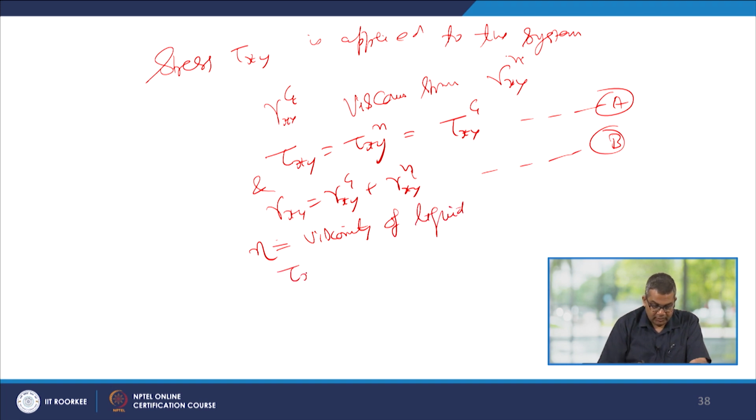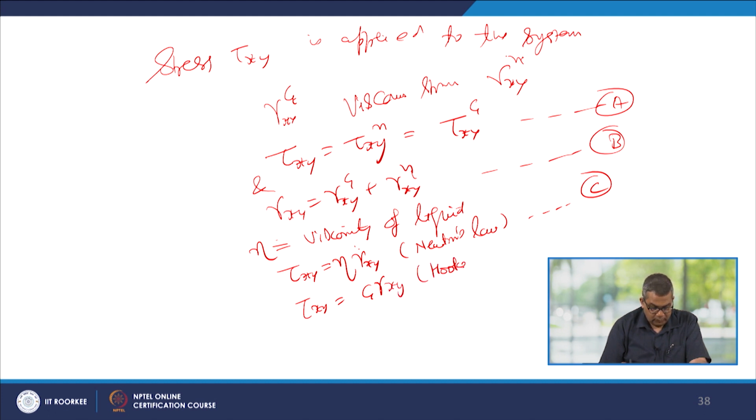So tau xy equals viscosity times gamma xy dot, that is Newton's law, and tau xy is equal to g gamma xy, that is Hooke's law, and g is the modulus of rigidity.